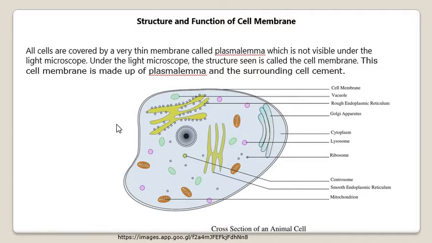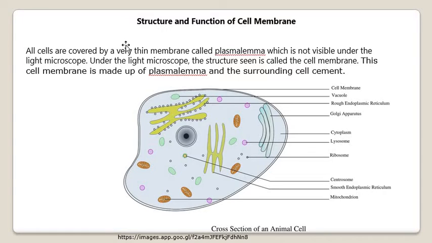So all cells are covered by a very thin membrane, right? See, this is the animal cell. This is a Google diagram. If you see carefully, it is covered by a double layered membrane, right? A layer is there which forms a boundary.